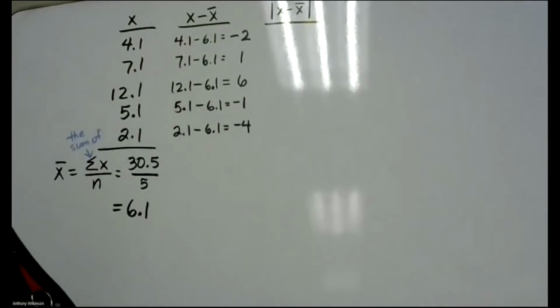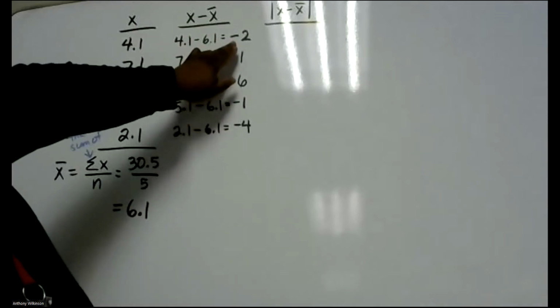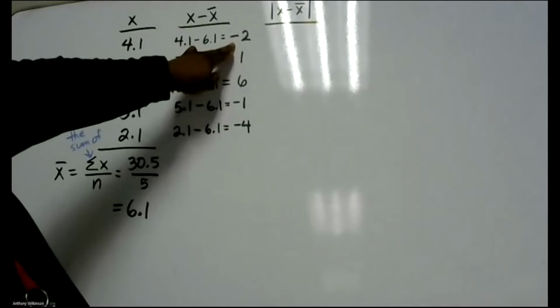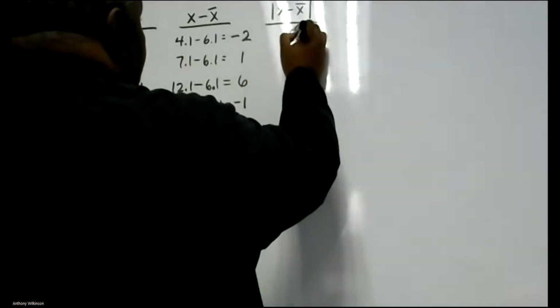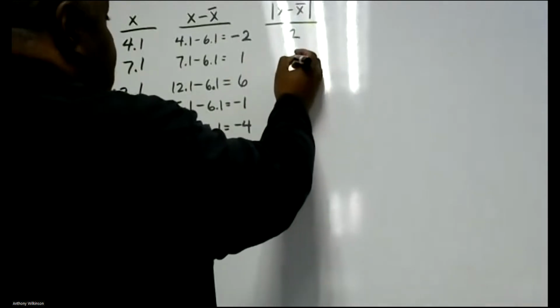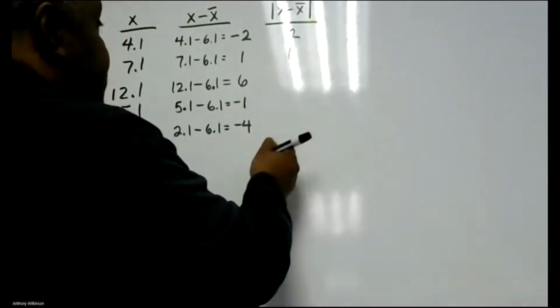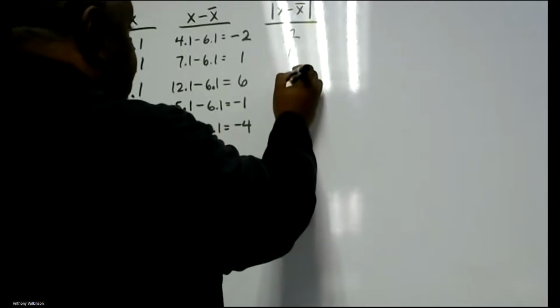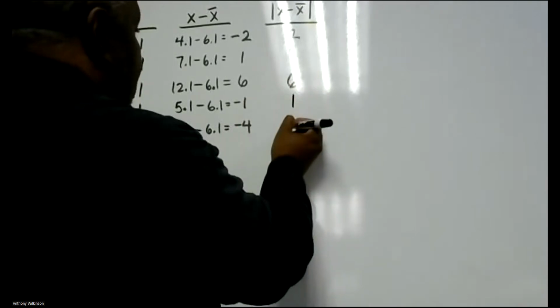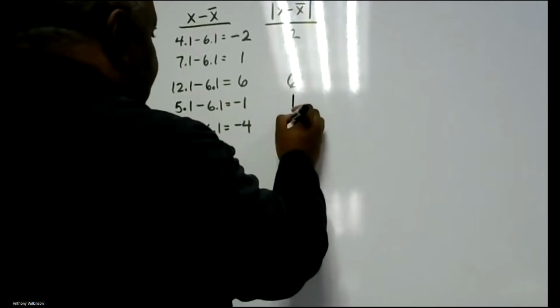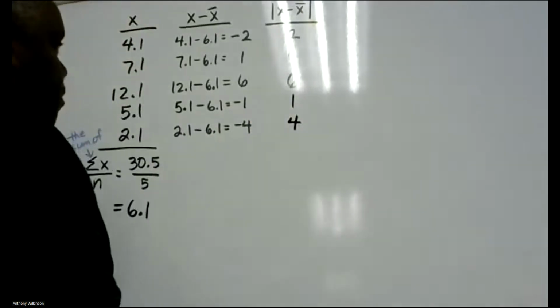And keep in mind, absolute value is going to be positive. So in this case, if I take the absolute value of -2, that's going to be 2. And the absolute value of 1 is just 1. Absolute value of 6 is 6, and the absolute value of -1 is 1, and absolute value of -4, that'll be 4.